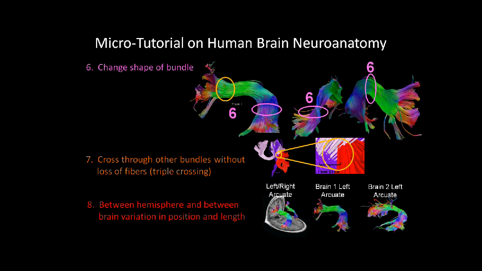Finally, there are between-hemisphere and between-brain variations of typically about a centimeter or two, so that, as illustrated on the left-right arcuate fasciculus, they're slightly positioned in different locations, and when you go from one person to the next, you might see a very substantial change in the specific locations where the cables end.